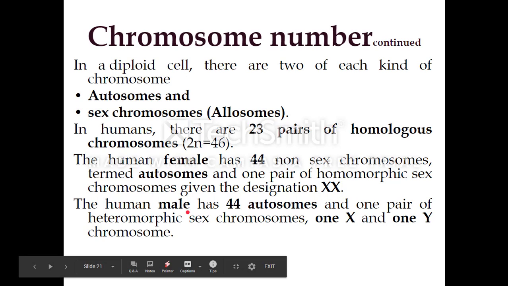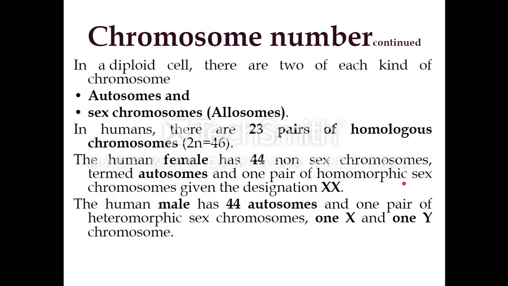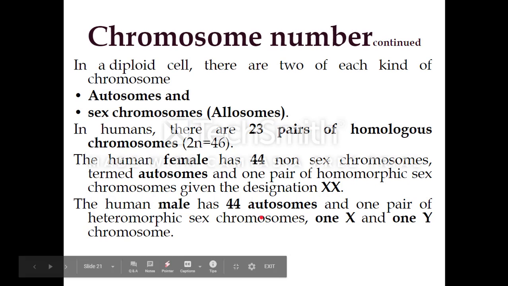But in human male, we have 44 autosomes and 1 pair of heteromorphic sex chromosomes. In females we have homomorphic X chromosomes because we have 2 X chromosomes, but in males we have heteromorphic allosomes or sex chromosomes: one is X and another is Y chromosome.